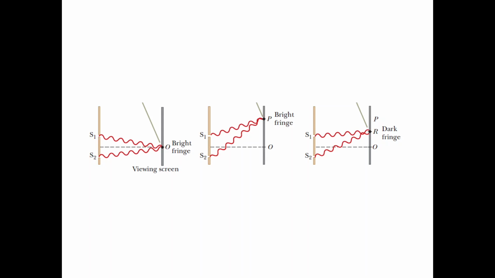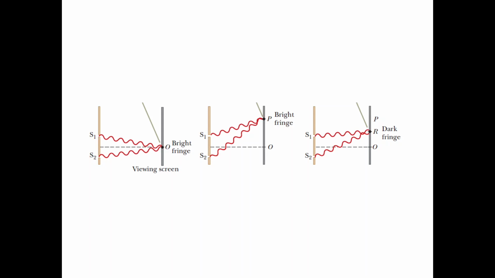If the difference in traveling is one wavelength, it comes back to the same original position. So there is no phase shift between S1 and S2 and point P for both waves. We get constructive interference, and that corresponds to a bright fringe on the screen. So we have this bright fringe at this position.